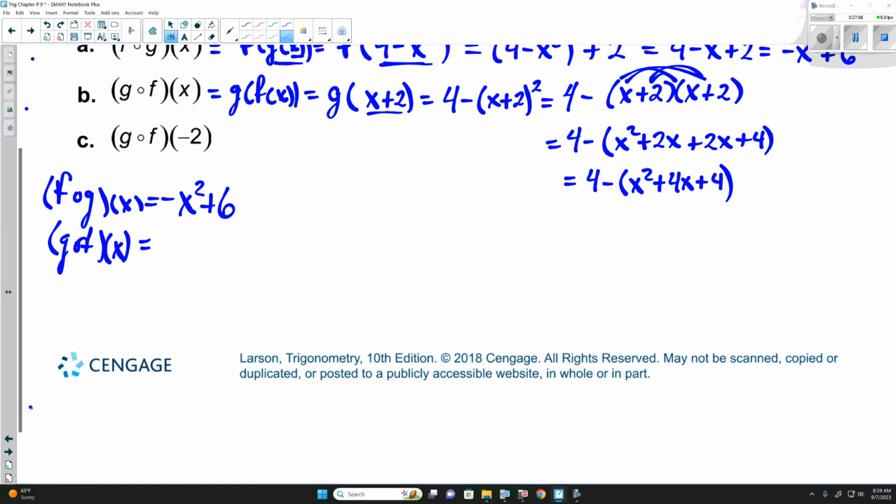Last but not least, we would distribute the negative, telling us that we have 4 minus x squared minus 4x minus 4. And our positive 4 and negative 4 would cancel out, leaving us with the fact that g of f of x is negative x squared minus 4x.